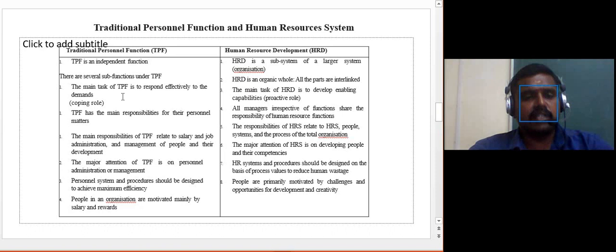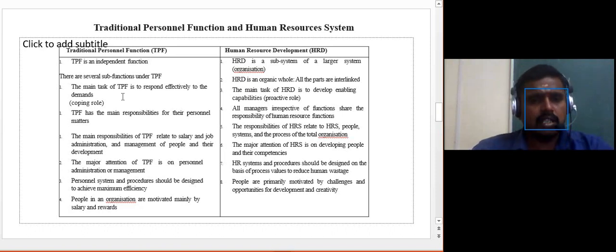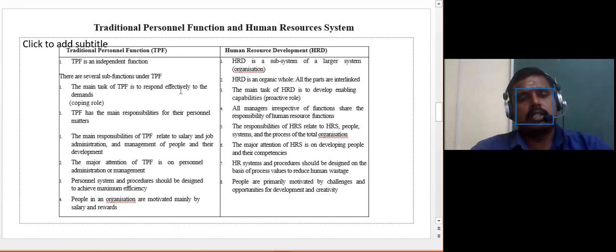And the second difference is that the main task of traditional personnel functions is to respond effectively to the demands. It is the demand-based theory. But human resource development is an organic whole, and all the parts are interlinked.